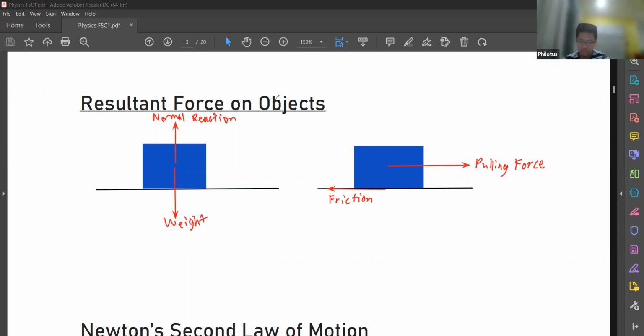Okay, let's say there's an inclined plane. Do you know what an inclined plane is?